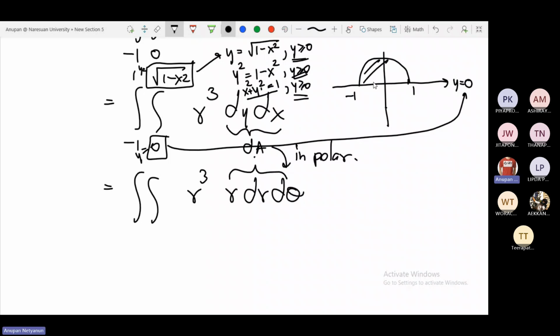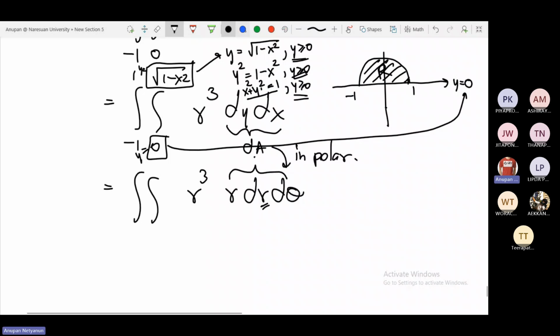So the region that they are talking about is this one. Now, you know the region, you can put the running number for r and theta now, which is you integrate by r first, right?